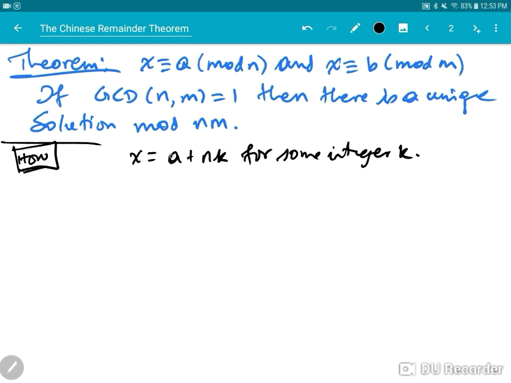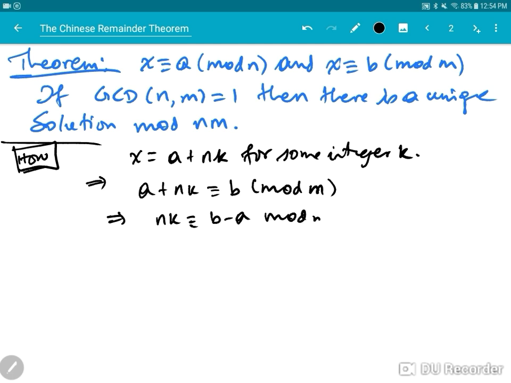Where I get this from is actually the first equation, x is congruent to A mod n. And now I'm going to stick this into the second equation. So A plus nk is congruent to B mod m. I'm putting it into the second equation. That means that nk is B minus A mod m.